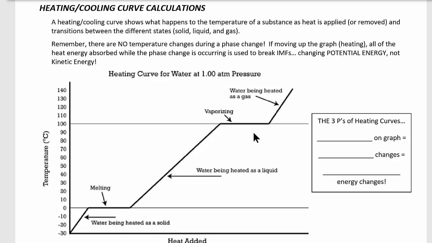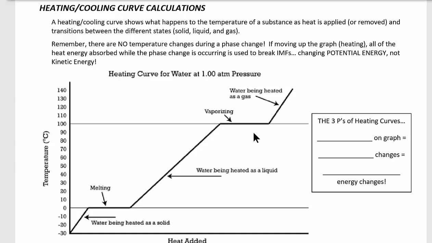Okay, so if we're moving across the graph from left to right, in other words, we're heating it, all of the heat energy that's absorbed when a phase change is occurring is used to break the IMFs, not to increase the kinetic energy. We know that because the temperature is not increasing. Temperature is a measure of average kinetic energy.